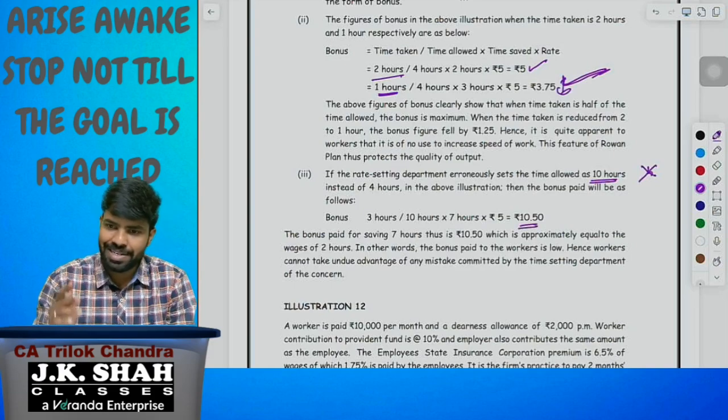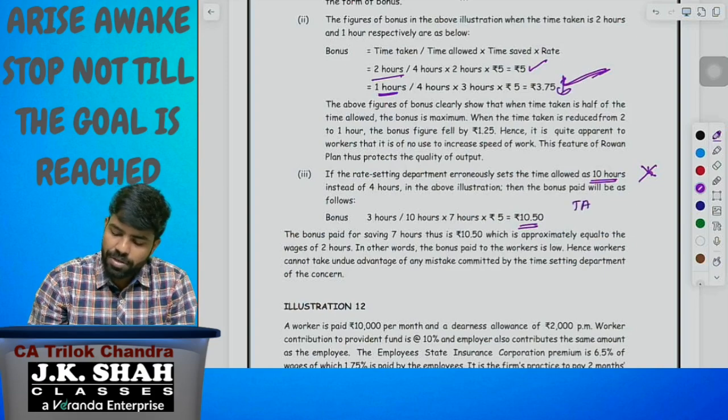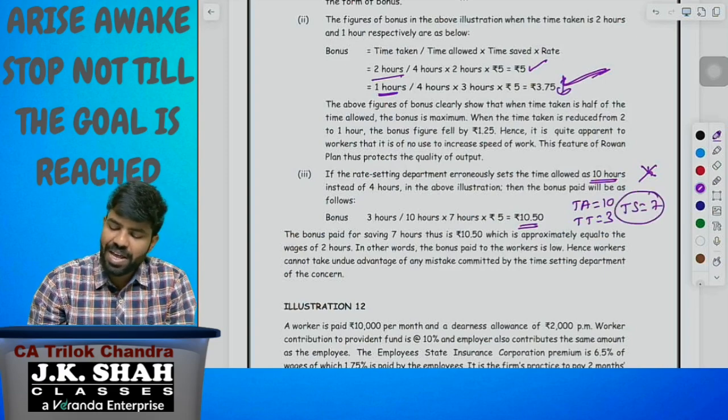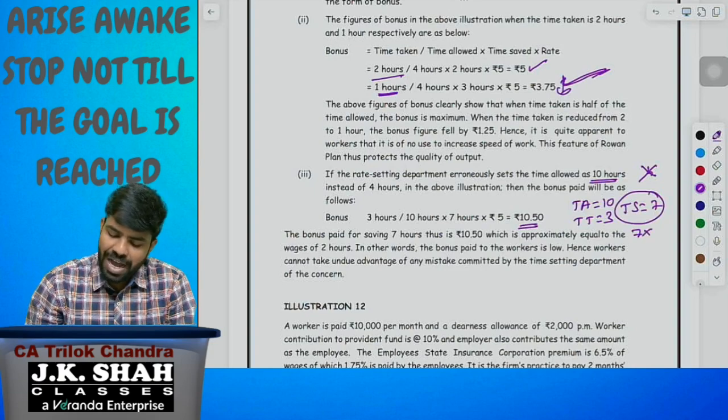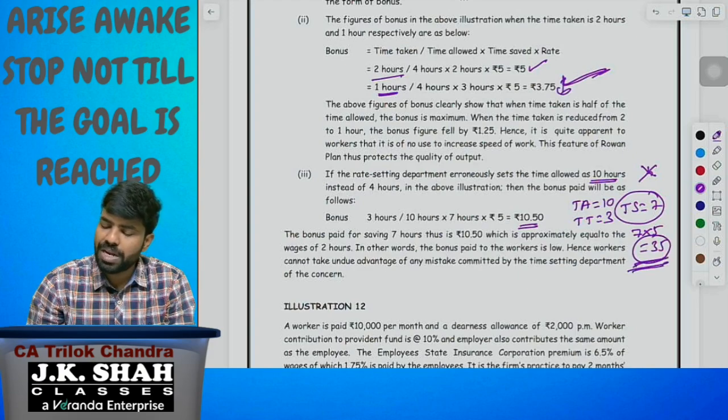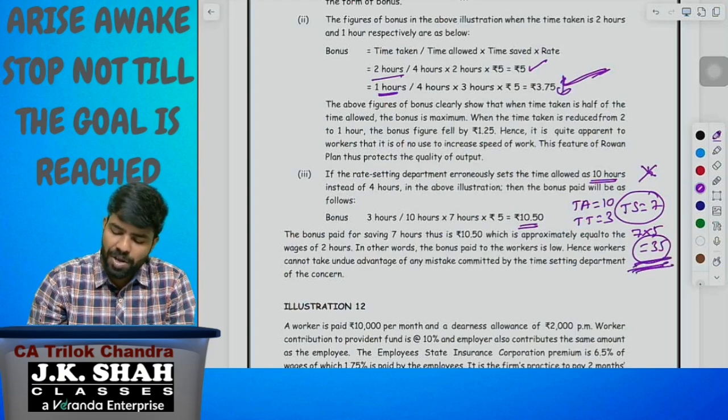Look at here, listen. Time allowed 10 hours. Time taken 3 hours. Time saved is 7 hours. 7 into hourly rate 5 rupees equals 35 rupees, the total amount saved. But how much are we paying?